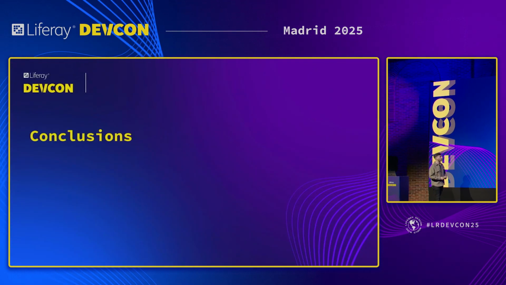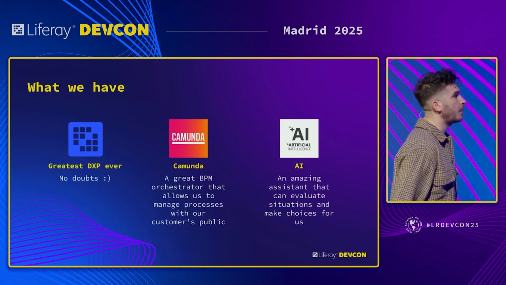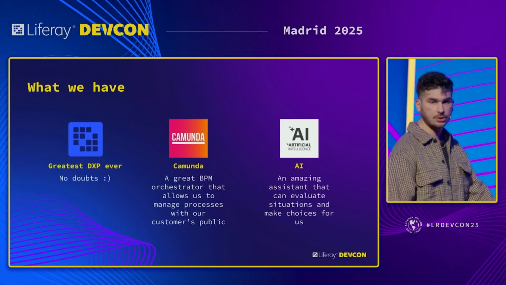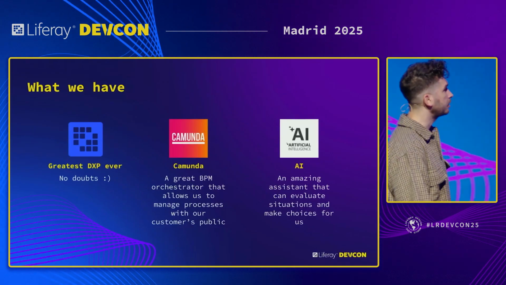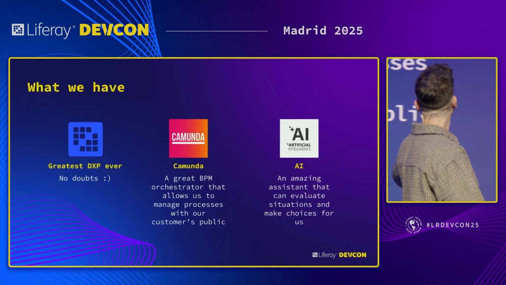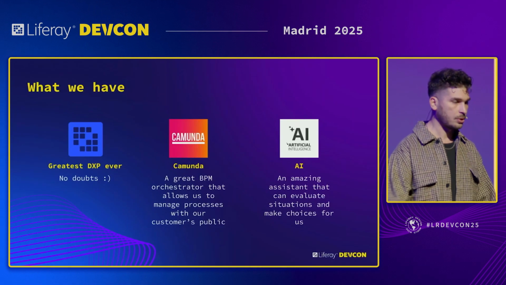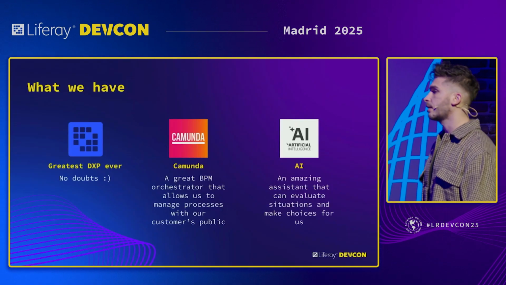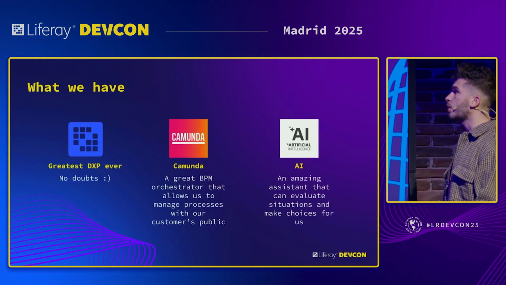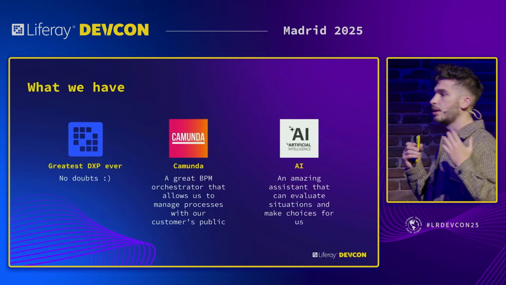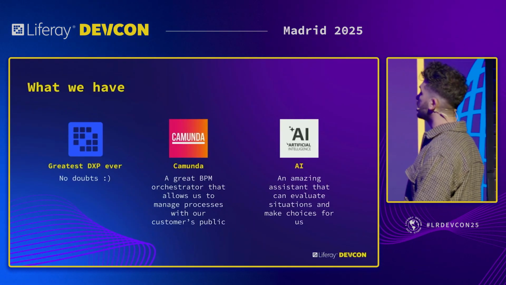Yep. So what we have? The greatest DXP ever, no doubts. I have nothing to add to this description. Camunda, a really great orchestrator, because it's so common with the great community behind. It's so important to have something that shares philosophy with us.